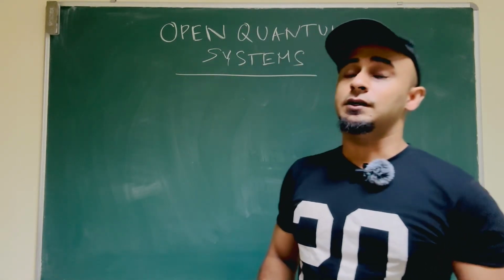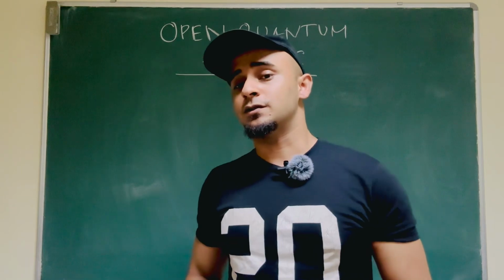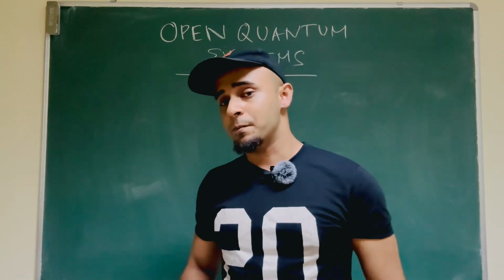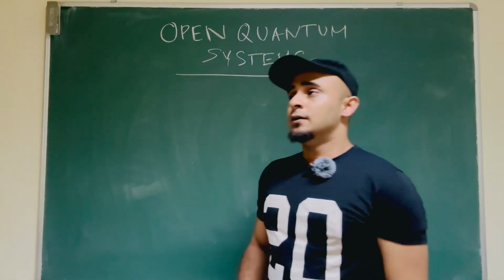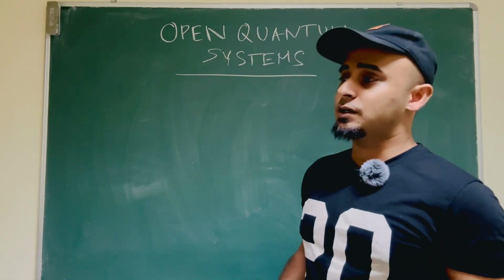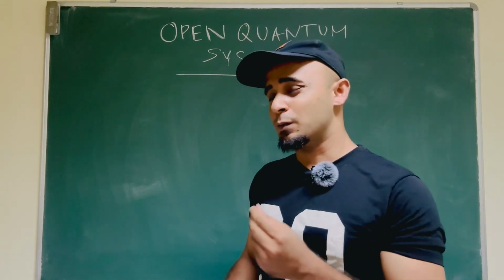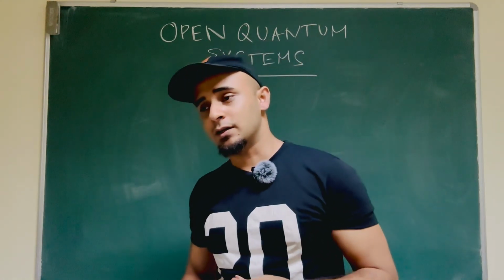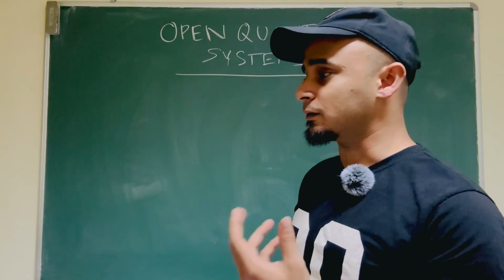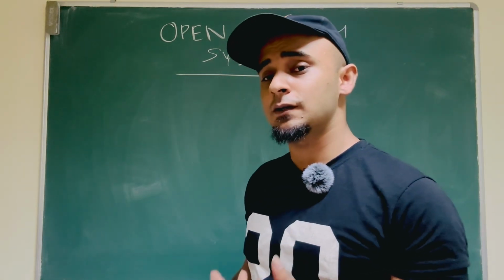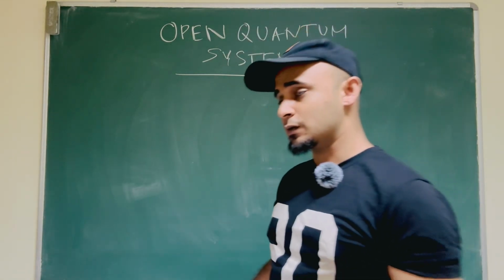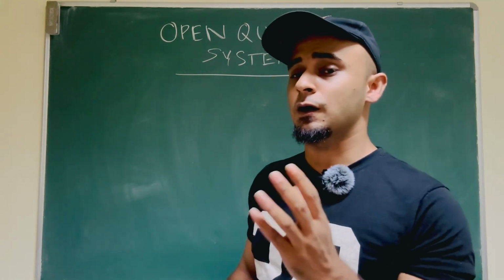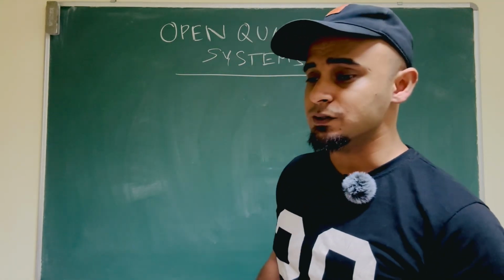And then we learned about the third postulate, which was asking how my state evolves with time. Today we're going to learn a little bit more about the third postulate, the evolution of time, and then continue with the fourth postulate, which asks how to make measurements of a quantum system.